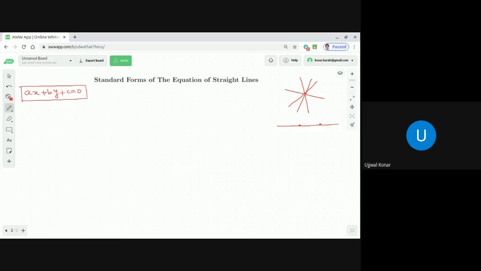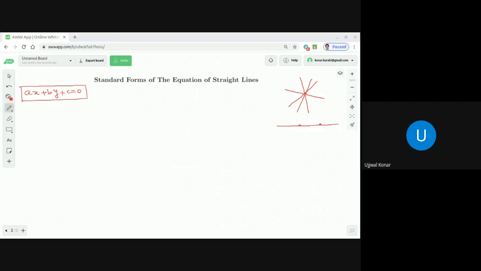With a single piece of information, we cannot construct a straight line uniquely. Two data points have to be given so that we can construct a straight line uniquely. Based on these two conditions, we can construct a straight line in different forms, and that is the part of the discussion today.